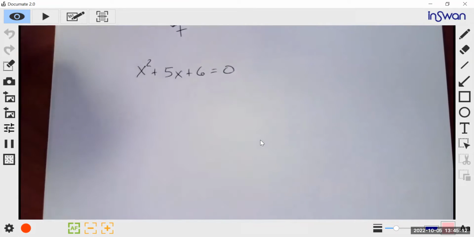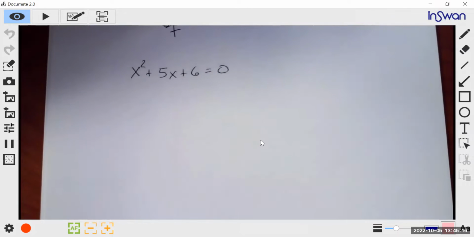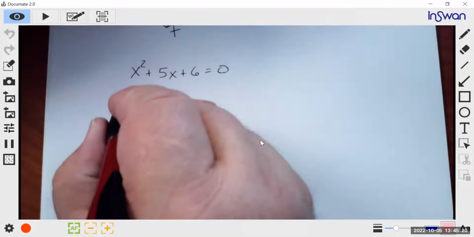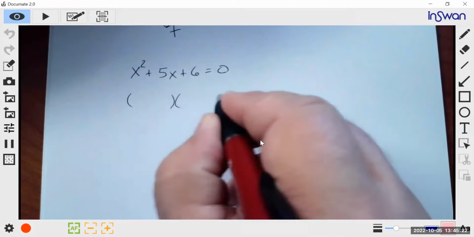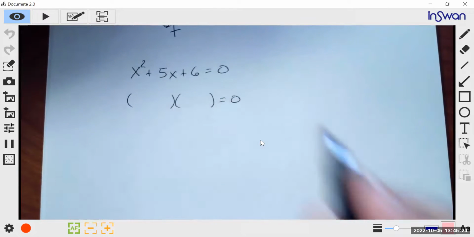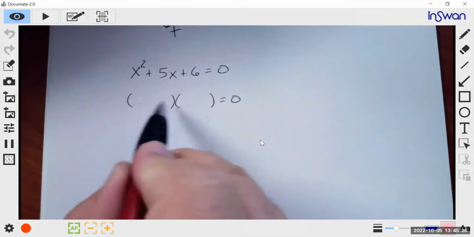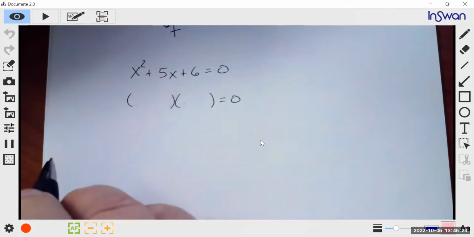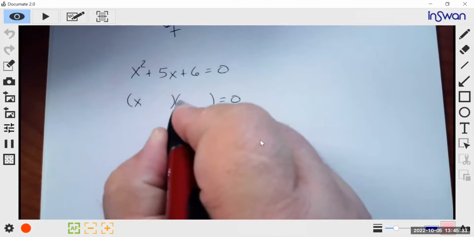Solve for x. So what's the first thing you would do? This we could do with factoring. What goes in the first spot? X's. How about the signs?